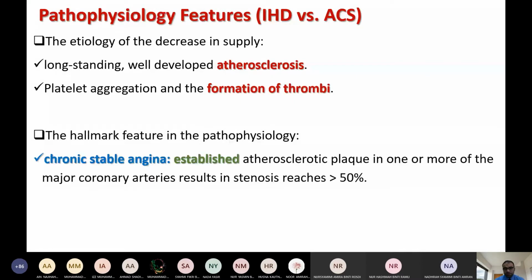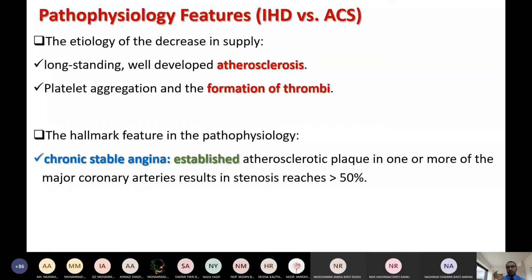So the hallmark, meaning the cardinal pathophysiological sign of chronic stable angina, the stable condition, is that you have established atherosclerotic plaque in one or more coronary arteries, and that sometimes can happen in up to 50% of the coronary artery. It means the plaques are there, they are staying, and the body adapts without any significant clinical manifestation yet.